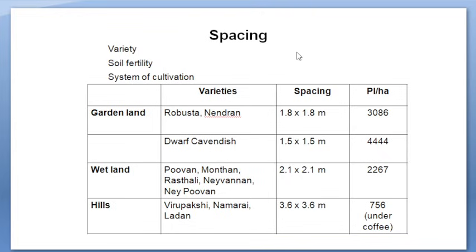Based on the variety, soil fertility and system of cultivation, the spacing also varies and also the plant population varies. In hills we can accommodate around 756 plants following 3.6 by 3.6 meter spacing. Wetland it is 2.1 by 2.1, and in case of garden land less spacing also we can follow.